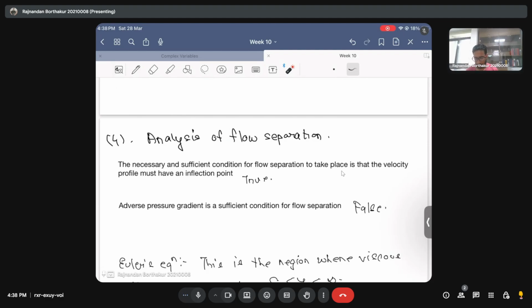But we looked at problems related to the momentum integral approach and the Blasius solution, like finding the displacement thickness and the boundary layer thickness for a flat plate analysis. We also used the momentum integral approach to calculate these quantities.